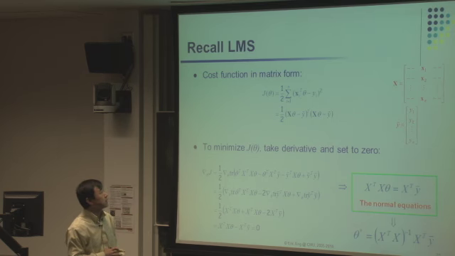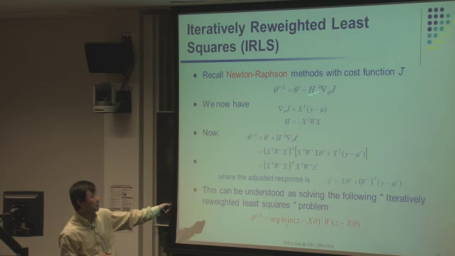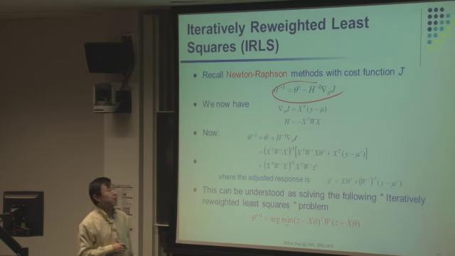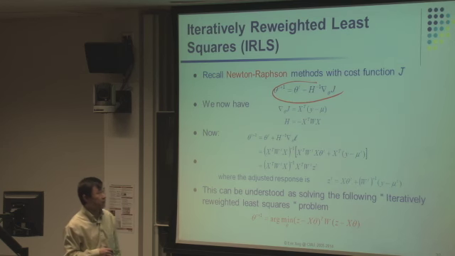Now, suppose our estimator is no longer a linear regression, but a more fancy one, and we want to use a Newton-Raphson method like we did before. Then this is the update equation, right? And we knew that the Hessian and the gradient can all be computed in closed form.